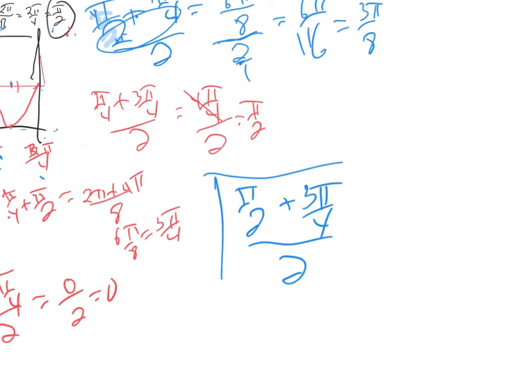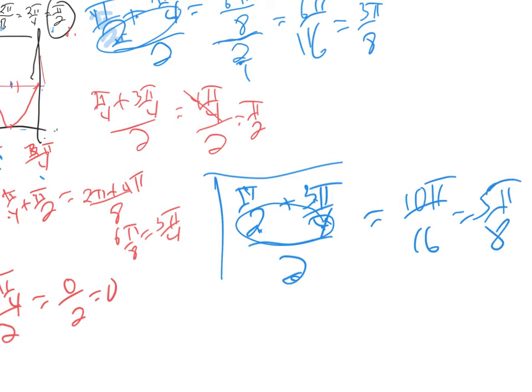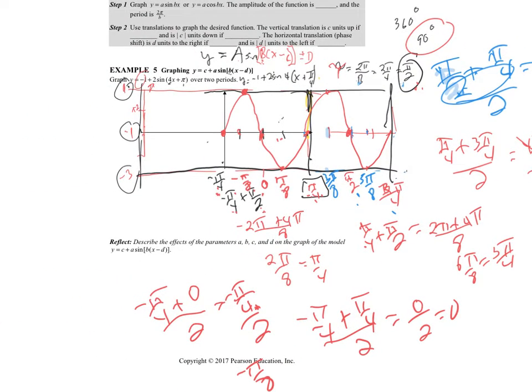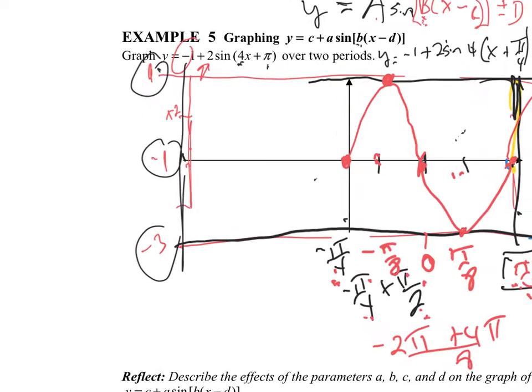So my shortcut is 4 pi plus 6 pi is 10 pi over 8, but I'm going to double that over 16. 5 pi over 8. So there's 5 pi over 8 right here. Now that's if you want to label all the numbers, and that actually is the best way. For fun, let's just go the other way around.